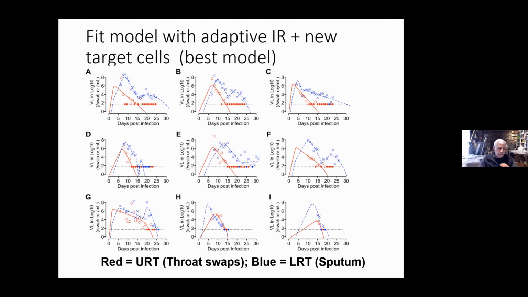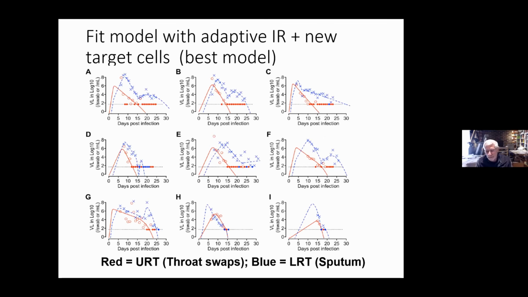And so the best model that we came up with was a basic target cell limited model with an adaptive immune response and having these new target cells. You can add the innate response, but in fact, it gets penalized by the AIC quite severely, and it doesn't lead to any significant improvement over these fits. We've done other things I won't show you.